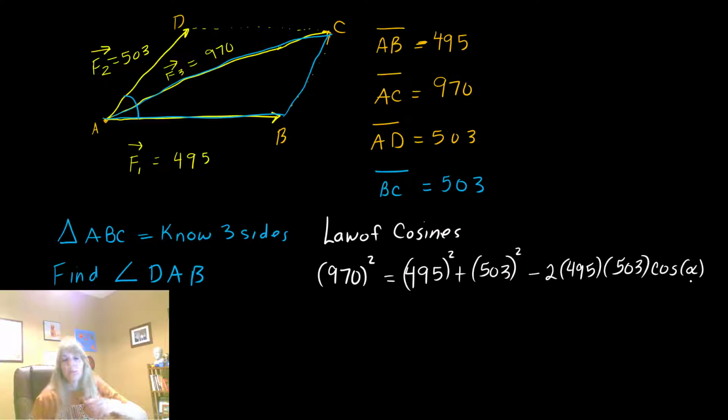Of course I can go through all the steps and solve this for alpha, but because they're supplementary, I'll have to end up taking 180 minus that value.